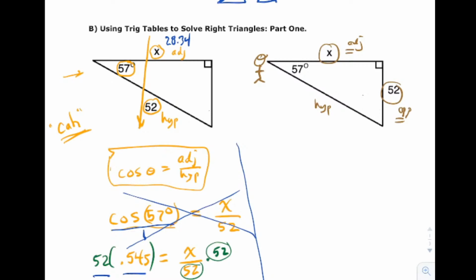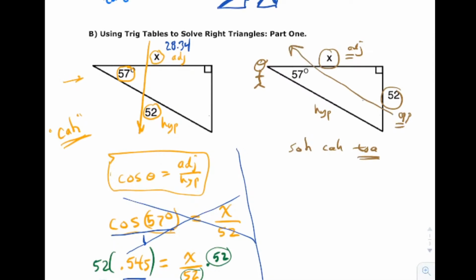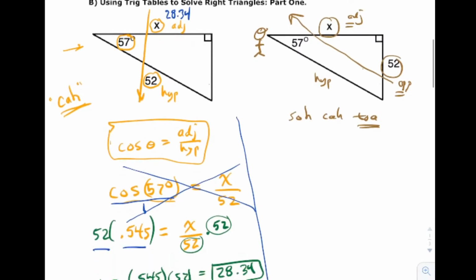Which of those soh-cah-toa things has an O and an A? It's the tangent. Opposite over adjacent. TOA is a little shortcut way of writing out a formula that says tangent of theta is opposite over adjacent.